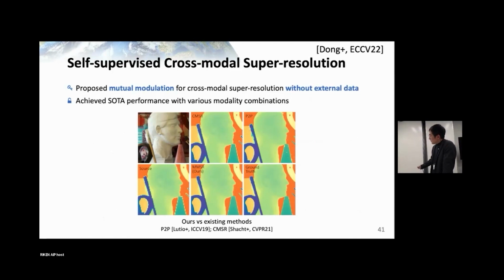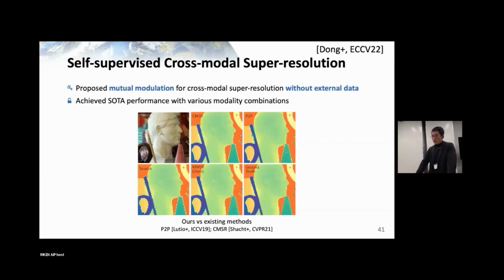And this P2P is one of the existing approaches. I hope you can see there are some artifacts happening here, which are injected because of the patterns coming from the guide image. So we want to enhance the spatial resolution, but when the modality is different, we don't want spatial details that are not really correlated, not relevant for the source image.